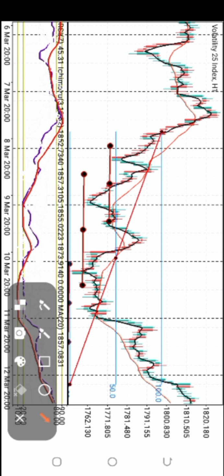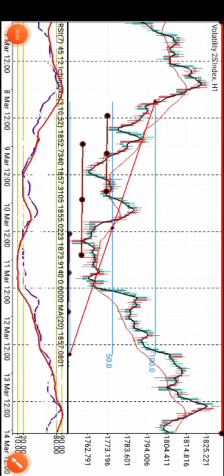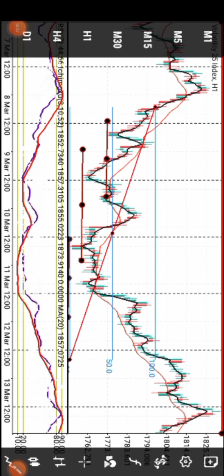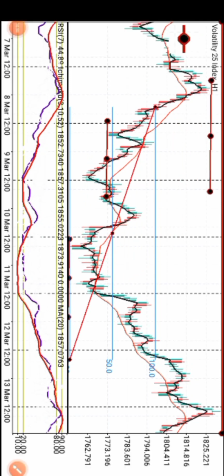Once price has gone past this level, you can look for your entry. You can even use the moving average. You can see these kind of rejections, then you target the next high. Let me show you the high I'm talking about. The high I'm talking about is this one. This one can be your take profit, right?